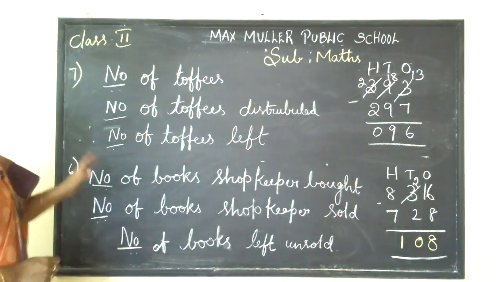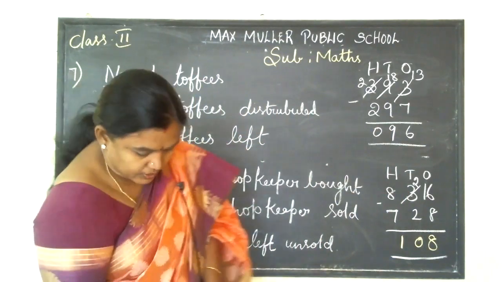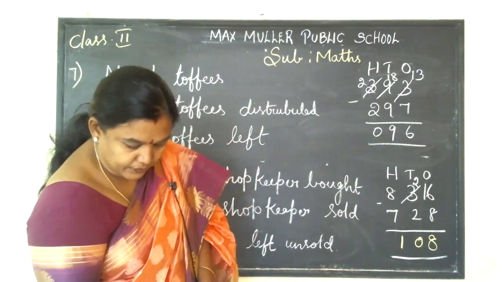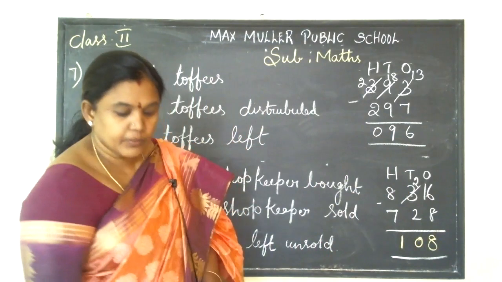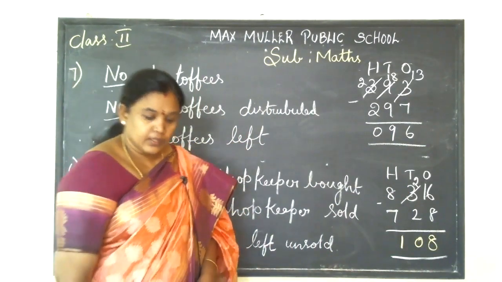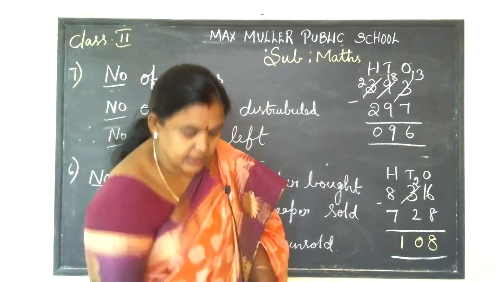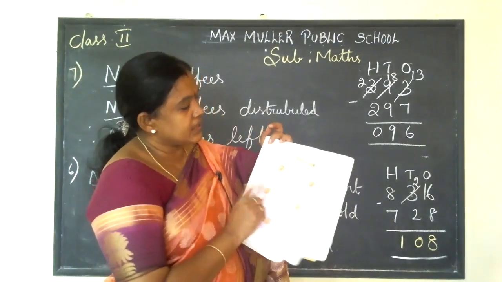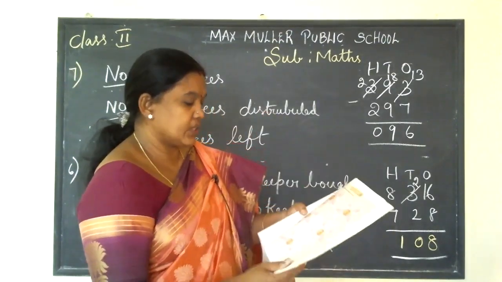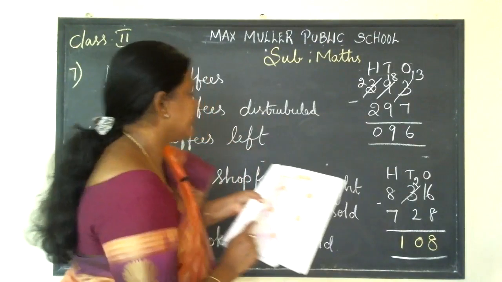We finished the statement sums. We'll go now to page number 155. Find the missing numbers to reach the center. Today I'm going to do the worksheet in the textbook, because I gave this in the worksheet, no? So I am going to explain this also.